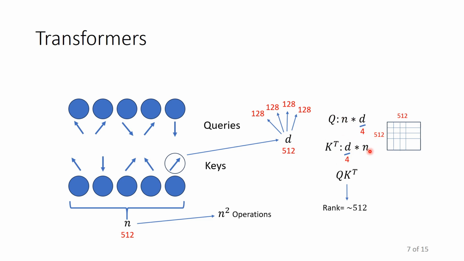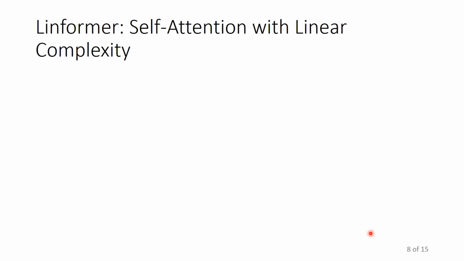It will also be n by n, 512 by 512. But we are actually reducing the embedding dimension, right? So that means the new matrix will have a new rank of almost 128. So this is actually what this paper exploits, and they claim this is low rank.